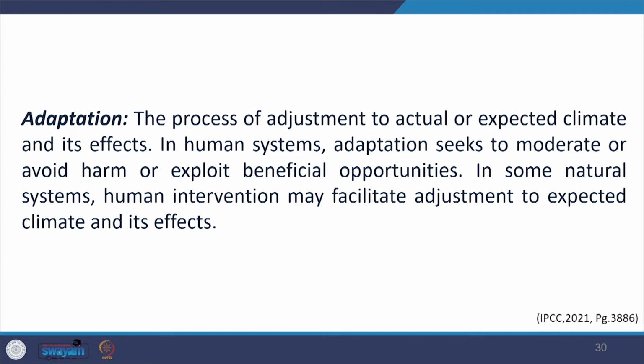So how do we really adjust to the changes which will happen? In our systems, through adaptation, we moderate or avoid damage or harm, or we tend to exploit the benefits of the opportunities which come with the change. That is all termed as adaptation.